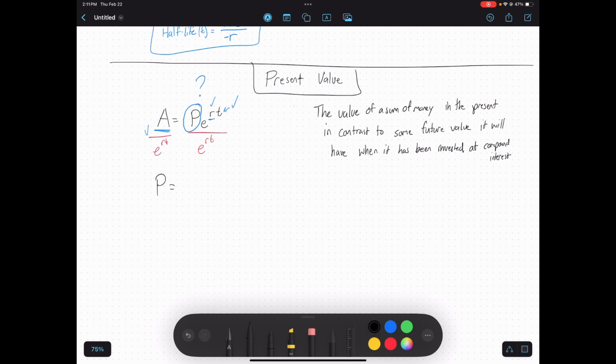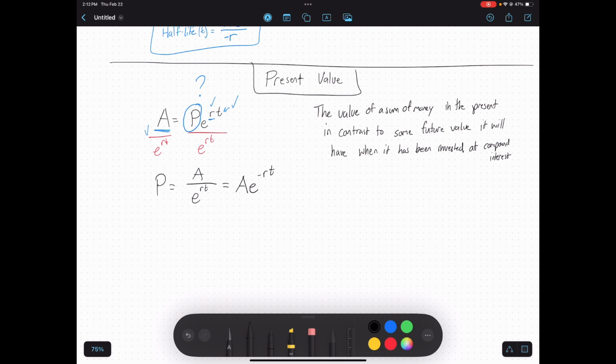That leaves me with p is equal to a, my amount that I'm going to have, divided by e to the RT. Now, whenever we have exponents in the denominator, recall that you can rewrite that just using negative exponents. So that's what I'm going to do, is I'm going to rewrite that as a e to the negative RT. And this is my present value formula.